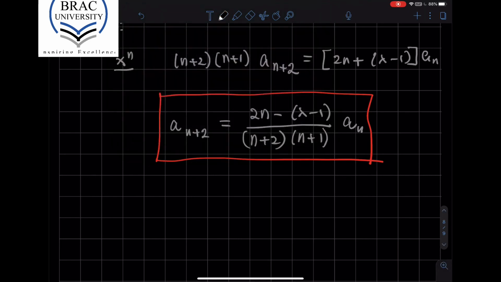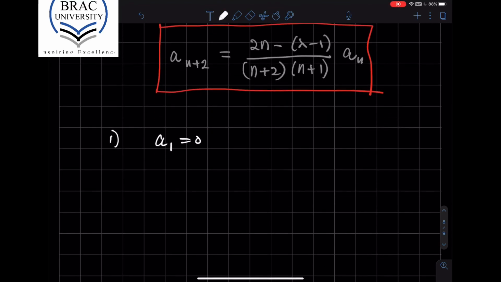Remember, they're not fixed. So if we choose a_1 to be 0, then that means that all the odd coefficients like a_3, a_5, a_7, all of them are 0.